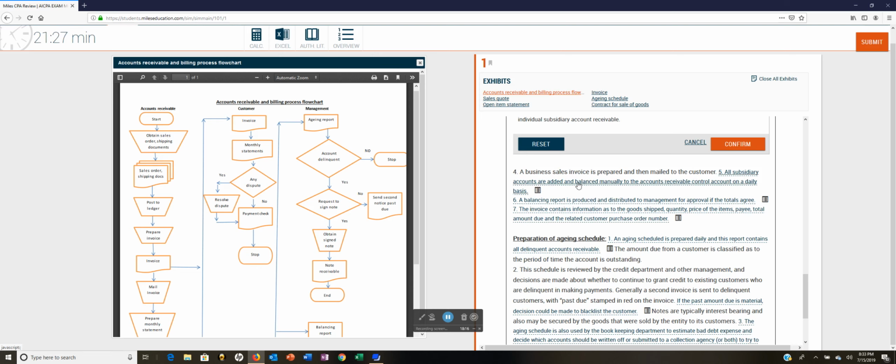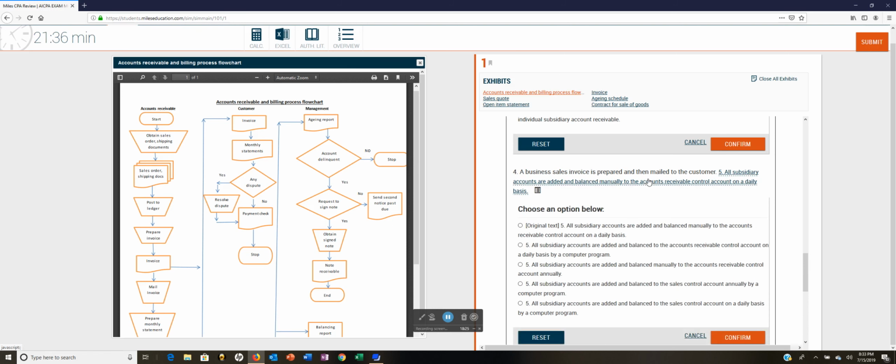All subsidiary accounts are added and balanced manually to the AR control account on a daily basis. Now, when I think of manually, do most accounting departments do everything manually, or is there a computer involved?